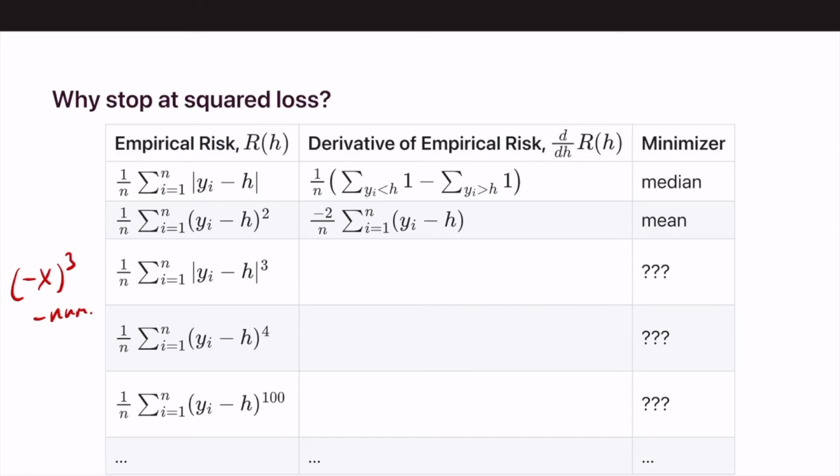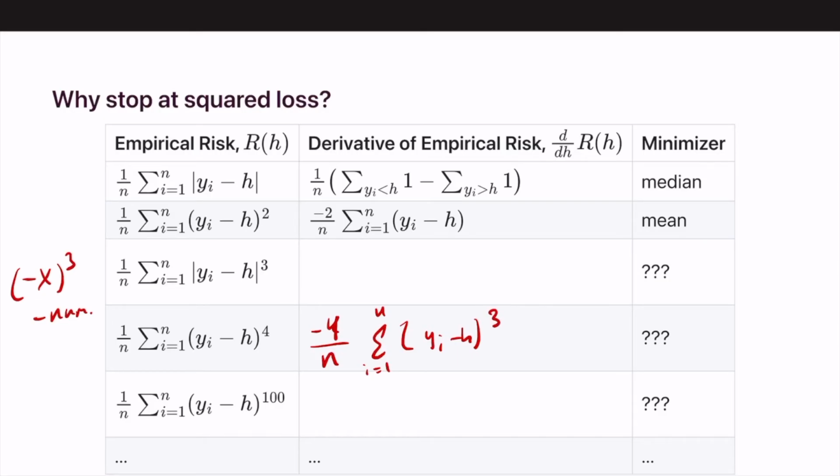And as well for the fourth, we could also solve for this by taking the derivative and using the product rule, and this would give us -4 over n, we're summing up yi minus h, and this just goes from fourth to a cube.